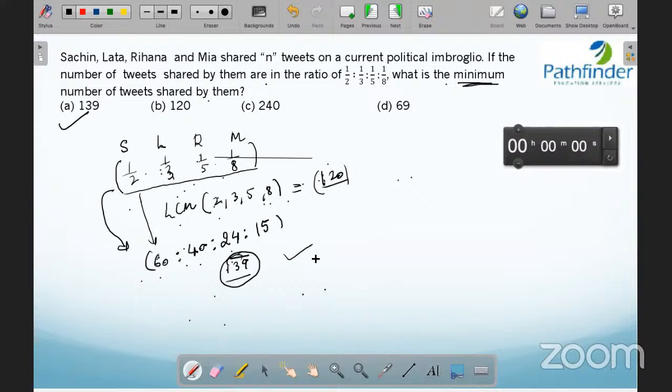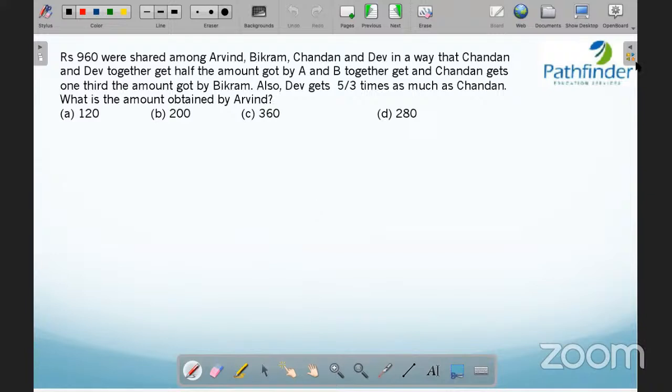Have you understood the solution? If you understood the solution, just write understood or write clear. In the meantime, I'll give you the next question to solve.